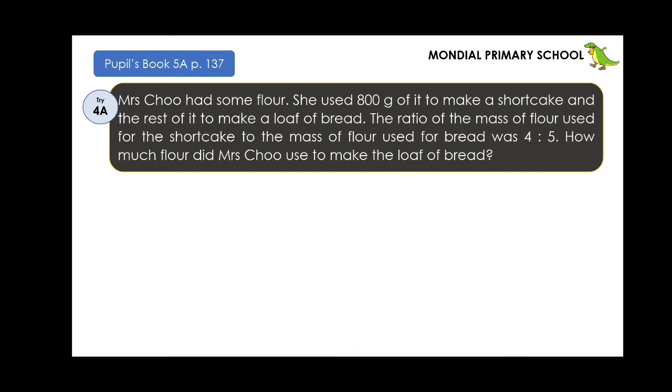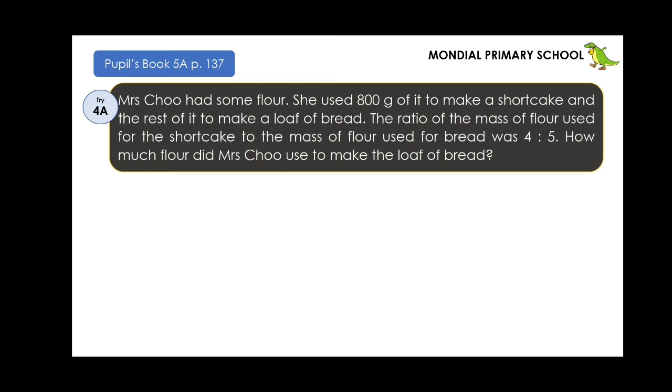She used 800 grams of it to make a shortcake and the rest of it to make a loaf of bread. The ratio of the mass of flour used for the shortcake to the mass of flour used for bread was 4 to 5. How much flour did Mrs. Cho use to make the loaf of bread?